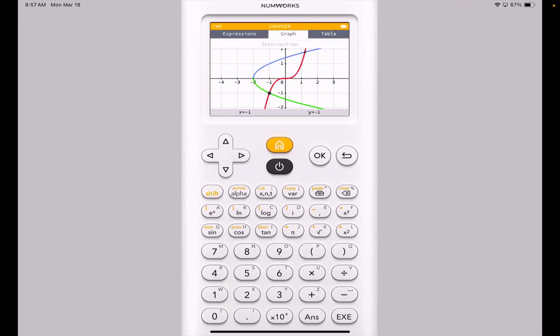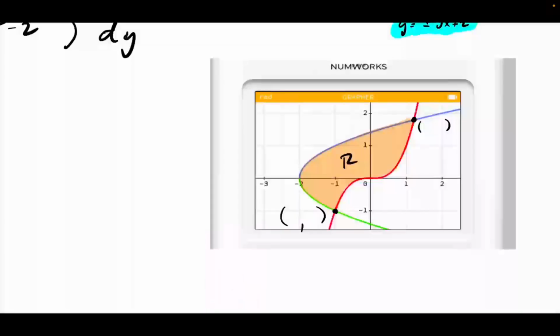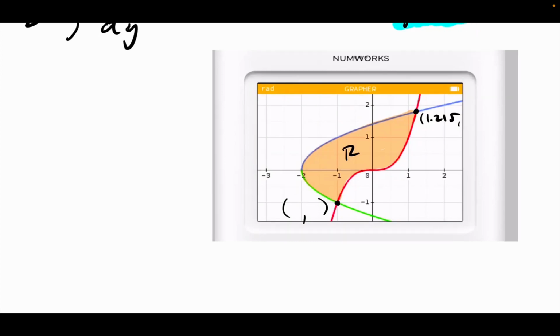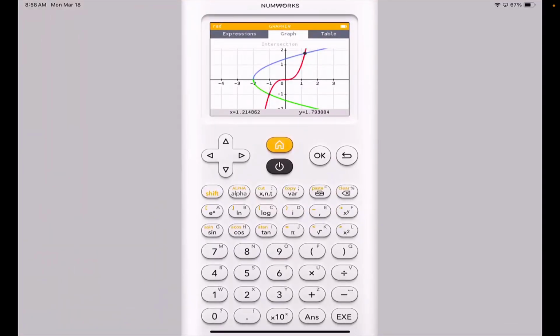Not yet, but we want it. And then there's another one up here. So this one here is 1.215, comma 1.793.